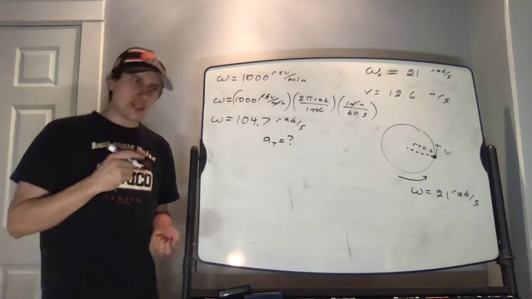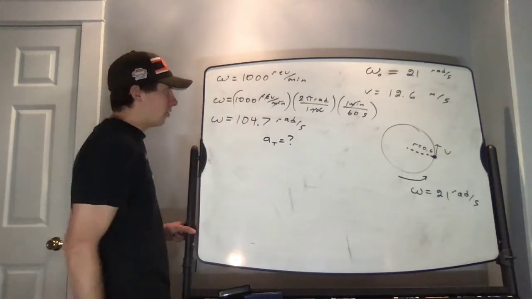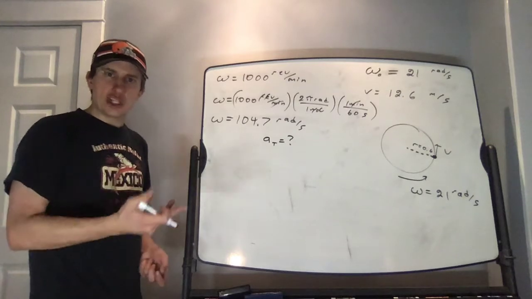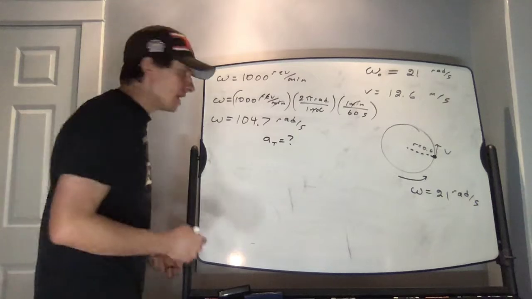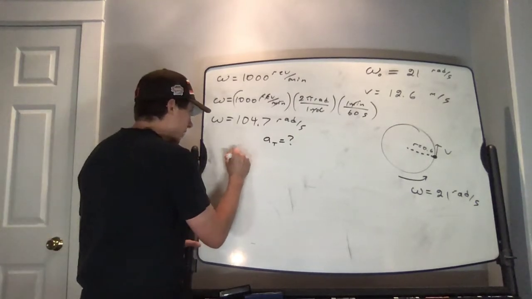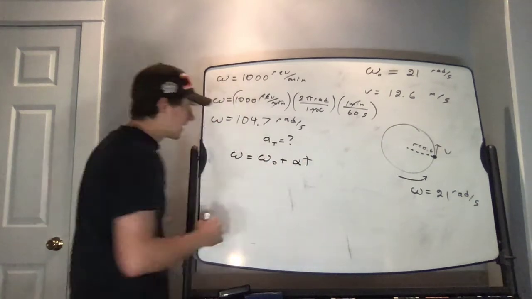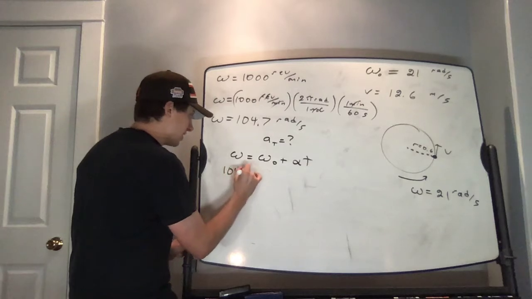If I look for the angular acceleration, I could say, well, I have an omega final, I have an omega initial, and we want the wheel to achieve its final angular velocity in 60 seconds. So I could say omega final equals omega initial plus alpha t. And so omega final is going to be 104.7.